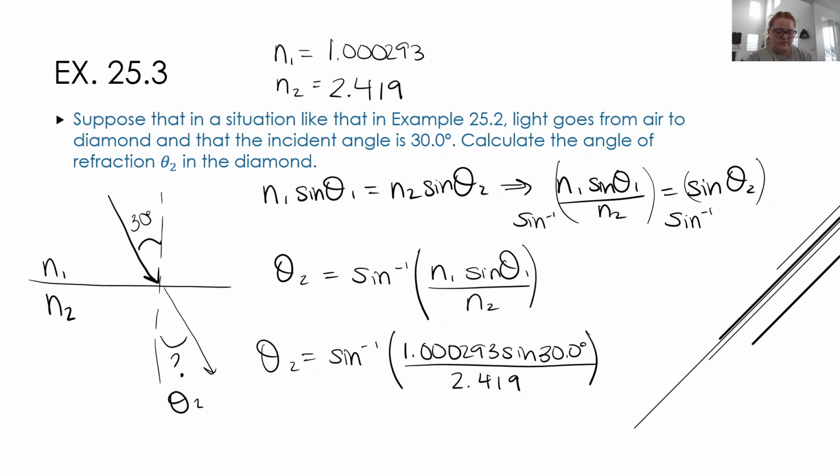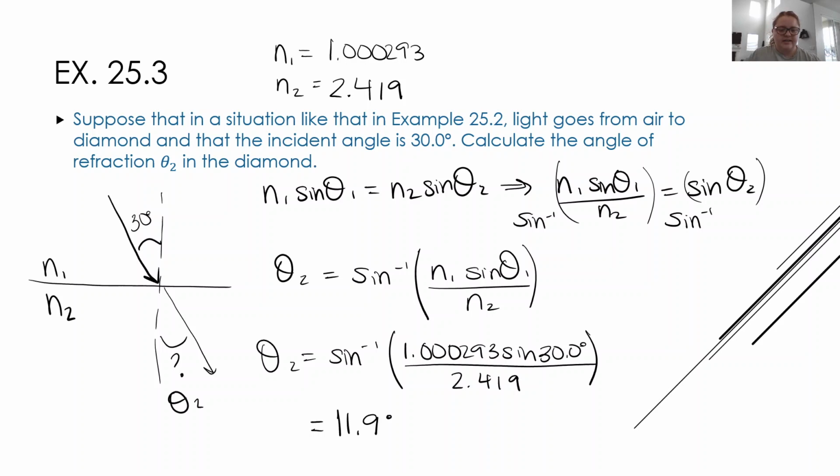1.000293 sine 30 divided by 2.419. And I'm going to just double check my answer. So for now, I'm getting 11.9 degrees, but I'm going to double check. 2.419. Yes, okay.